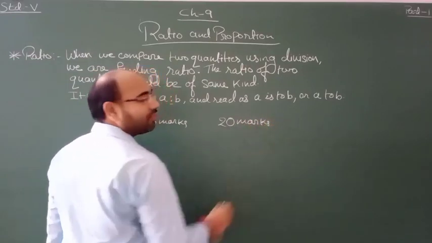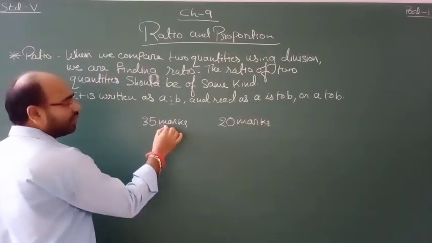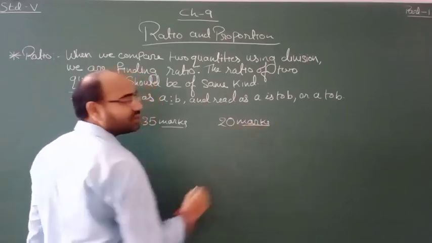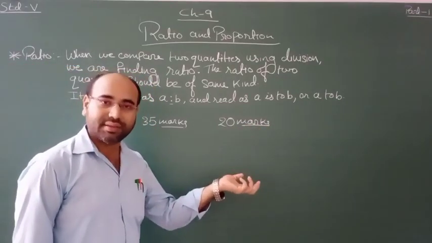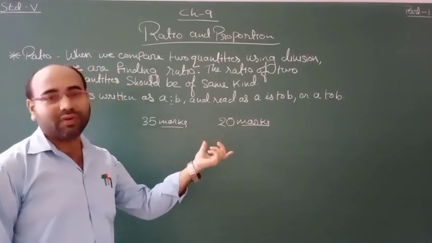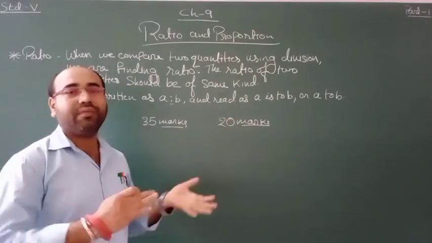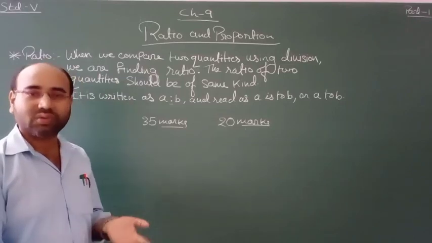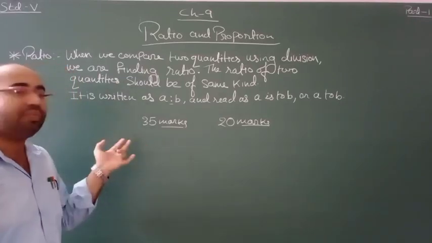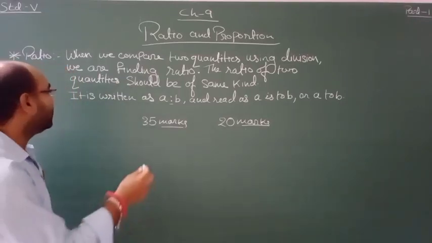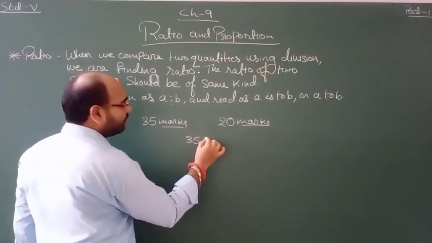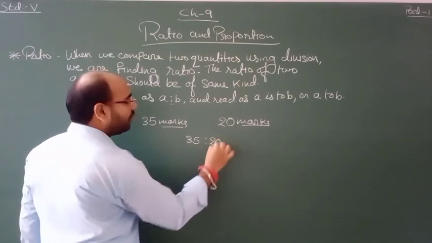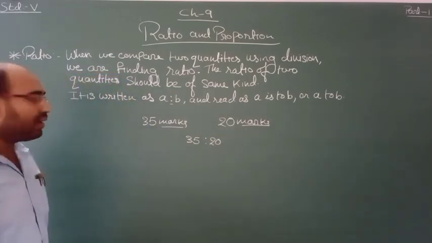Now in both, what is common? Marks is common. ratio में खास ध्यान रखना है कि जिसको भी हम compare करते हैं, that should be of same quantity. Marks, so marks. Weight, then weight. Height, so height. Here as we are taking marks, we will write 35 is to 20.